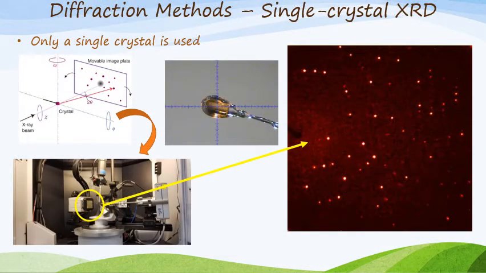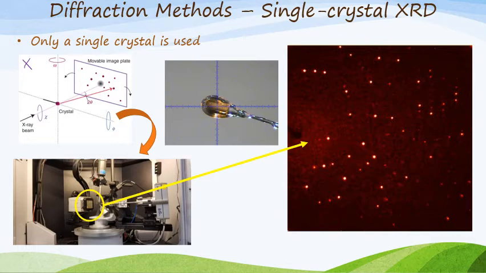For single crystal X-ray diffraction, only a single crystal is used. So at the top left-hand side, this diagram is a schematic showing the X-ray beam hitting the crystal, and then the X-rays that are diffracted from the crystal planes and the atoms within the single crystal are projected onto a moving plate.